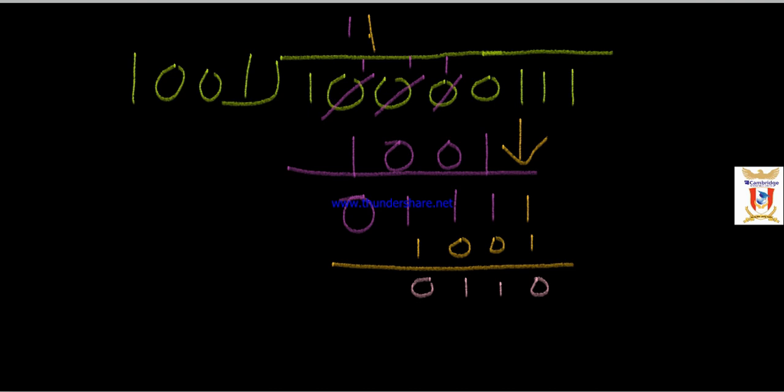Next step, bring one more digit down. That is 1. Again, multiply it with 1. 1, 0, 0, 1. So 1 minus 1, 0. 0 minus 0, 0. 1 minus 0, 1. And 1 minus 1, 0.